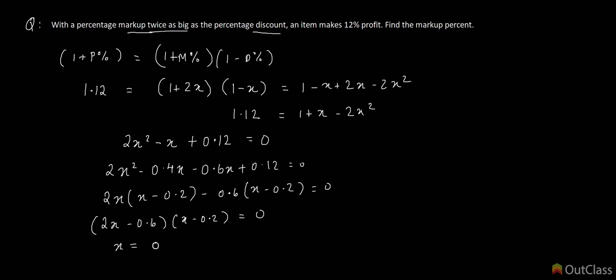X is either 0.3 or 0.2, which basically means 30% discount or 20% discount.